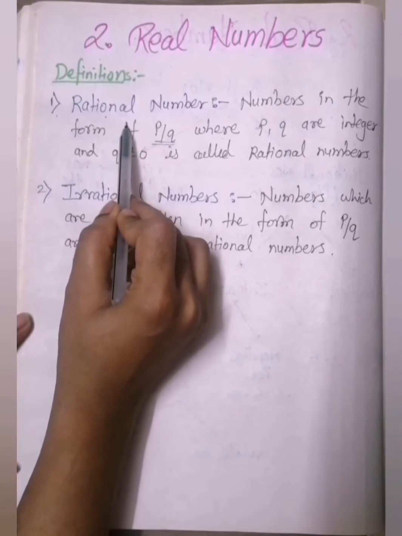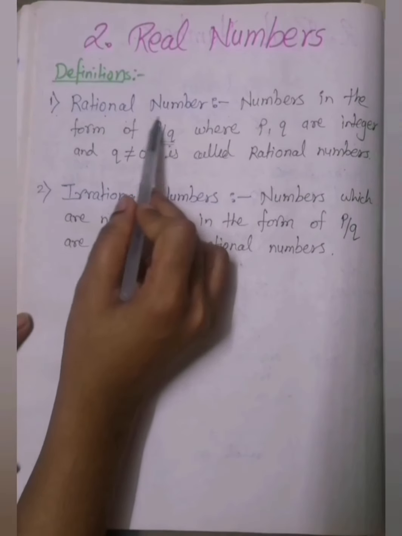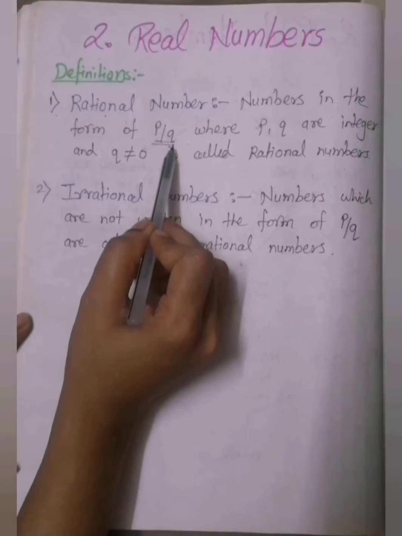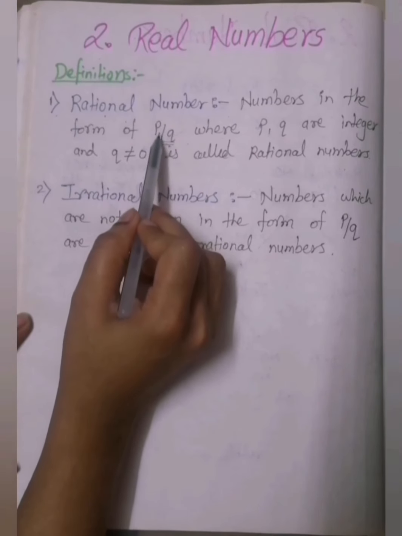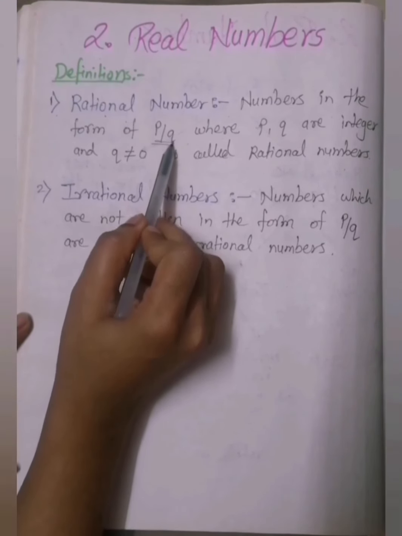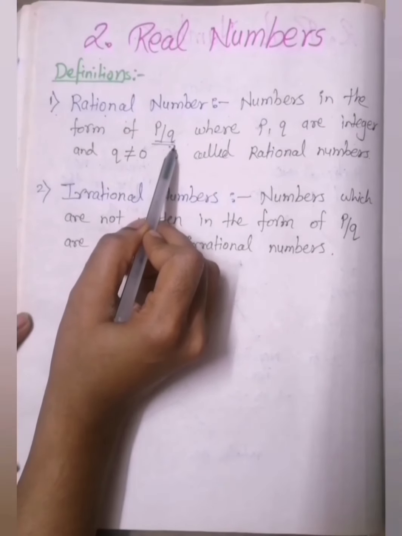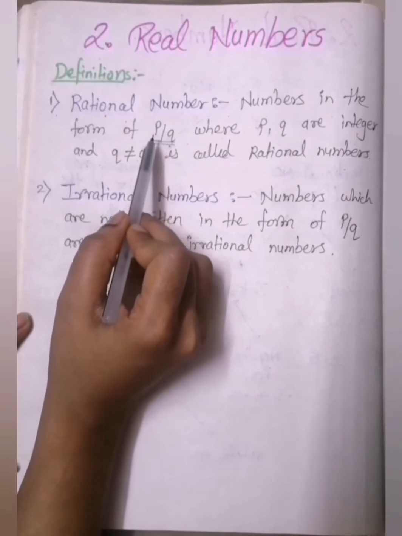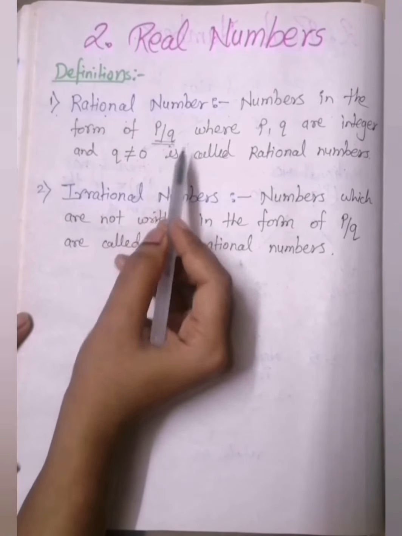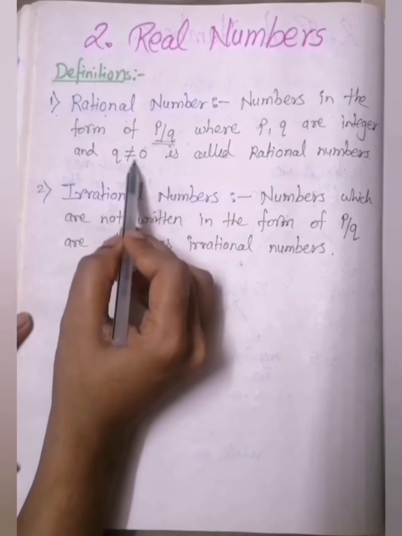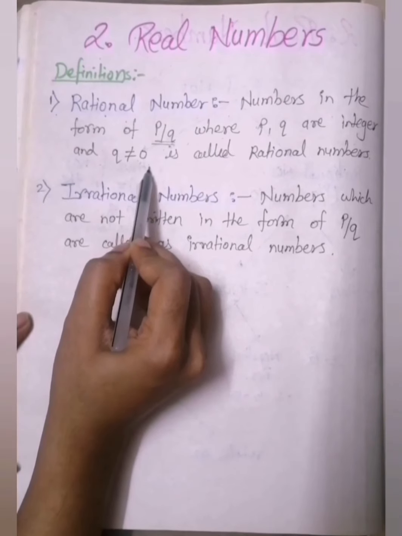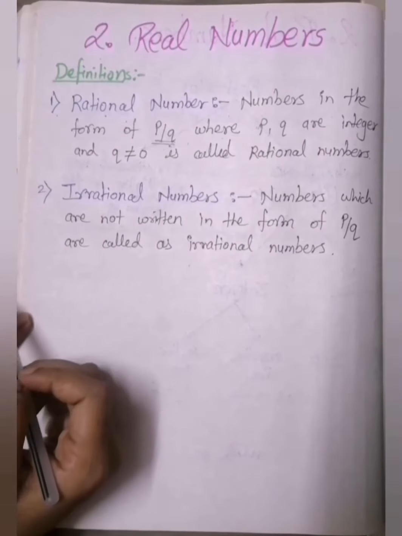So a rational number is like a fraction form. P by Q means they have a numerator and denominator, and P and Q are integers, meaning these numbers can be positive or negative also. And the denominator is not equal to 0. That is called a rational number.